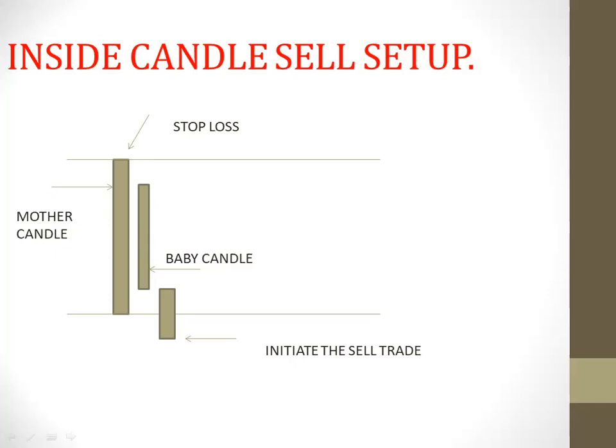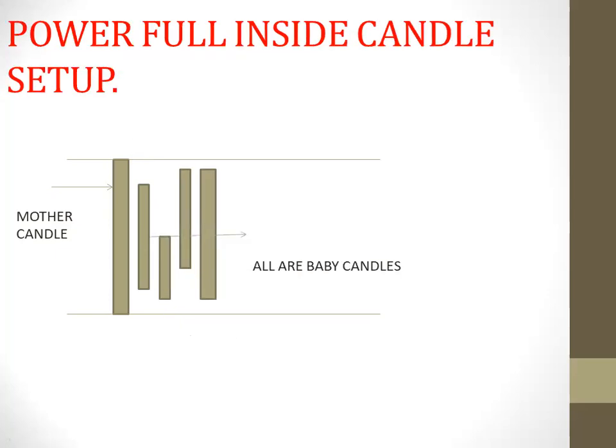Okay. Next, why are we calling it a powerful inside candlestick setup? Initially, we saw one mother candle followed by one baby candle. But here in this powerful setup, we are having one mother candle, and with respect to that mother candle, we are having so many baby candles.